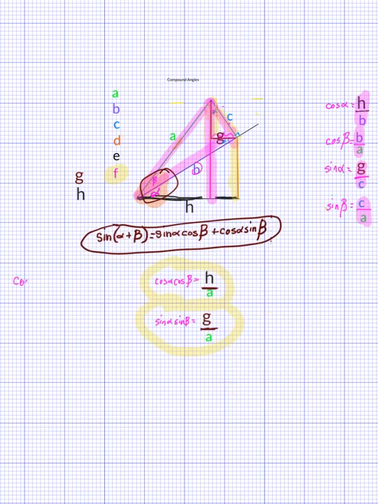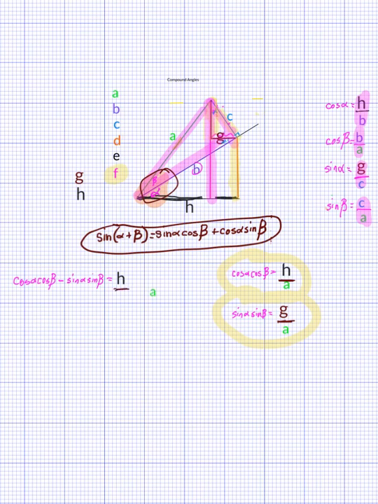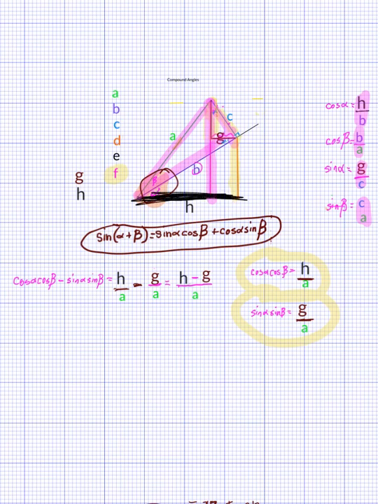Cos of alpha, cos of beta, minus sine alpha, sine of beta must be equal to H over A minus G over A, which just equals H minus G over A. Well, H minus G: this length is H, and this brown one is G. So H minus G is this length minus this length, and we're just left with this length in here. And A is this length right here.